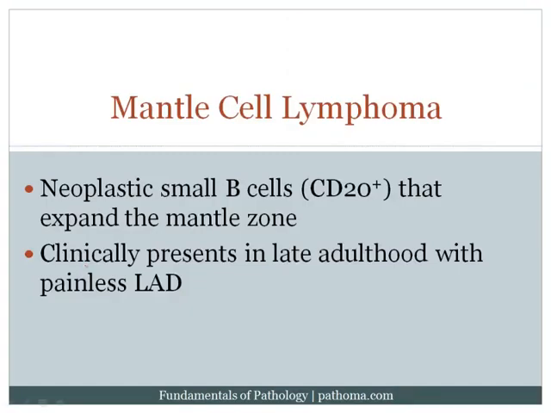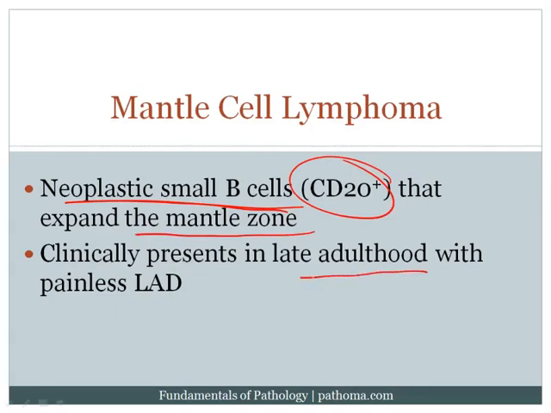Now we come to mantle cell lymphoma, and mantle cell lymphoma is when you have a neoplastic proliferation of small B cells, obviously CD20 positive, that expand the mantle zone. This clinically also presents in late adulthood and also presents with generalized painless lymphadenopathy.